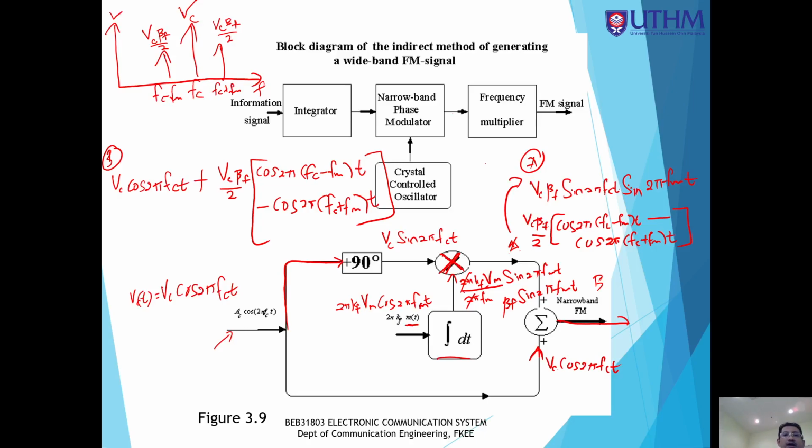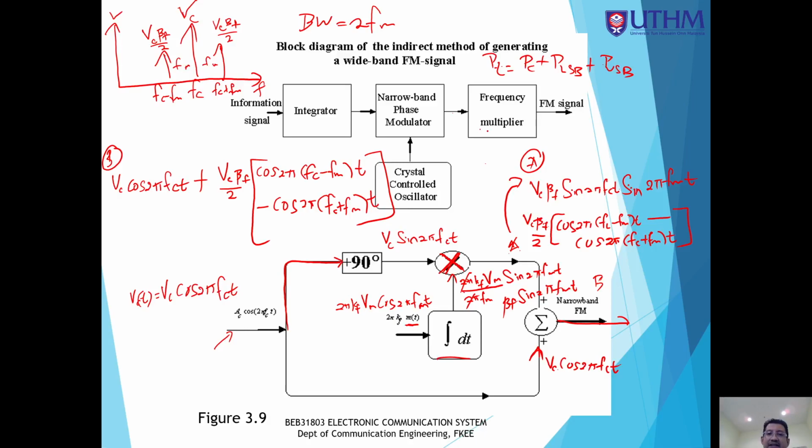If you want to calculate the bandwidth, again the bandwidth is equal to 2 Fm, since the distance is Fm and Fm. And for the total power, it is equal to PC plus PLSB plus PUSB. So this is the narrowband FM.